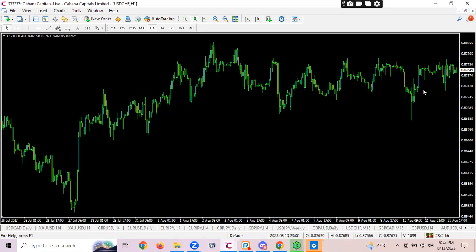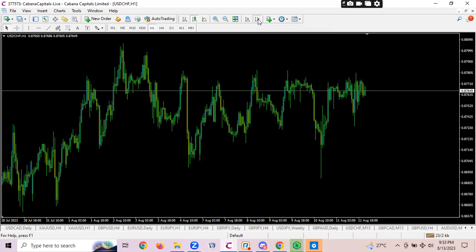This is bad market. In a ranging market, most times your stop loss will be hunted for. They will always kiss your stop loss because the market is not in a clear direction. It's not trending.